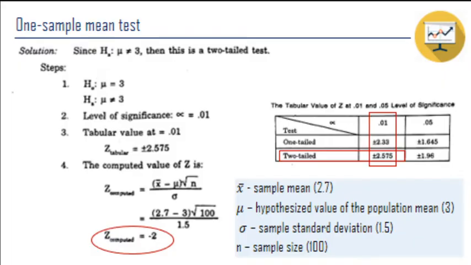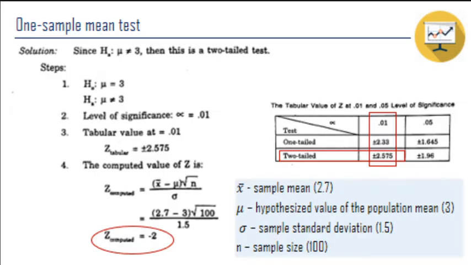Now we determine the tabular value. So in determining the tabular value, we use this table. The tabular value of z at 0.01 and 0.05 level of significance. So the level of significance is 0.01 and it is two-tailed. Why is it two-tailed? Because the alternative hypothesis is mu is not equal to 3.